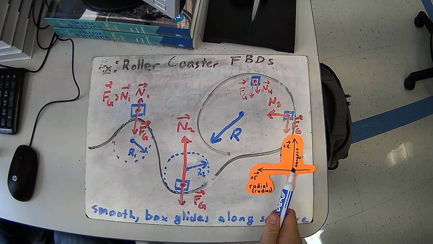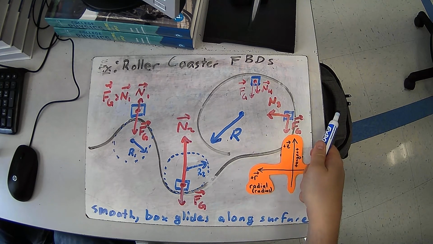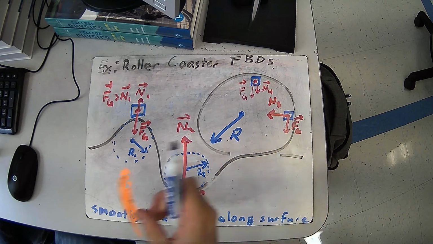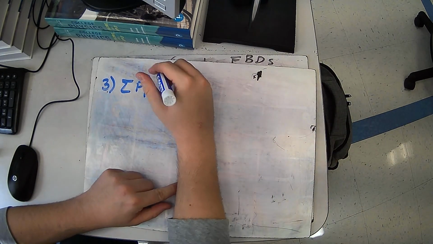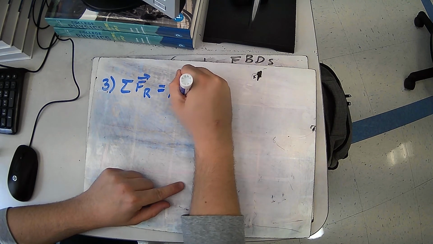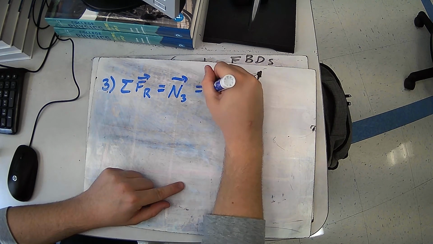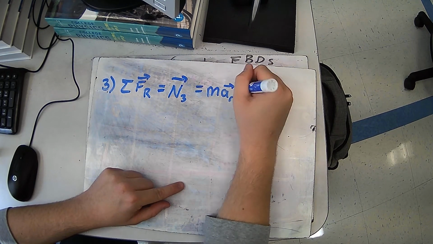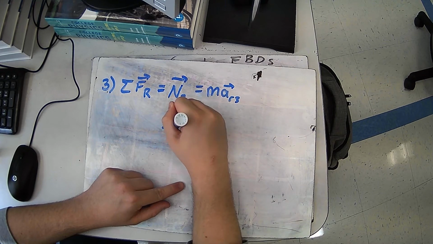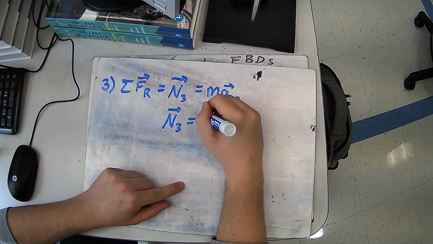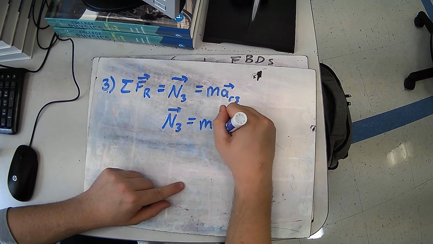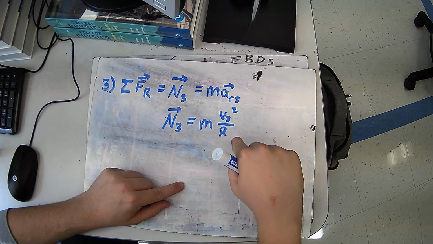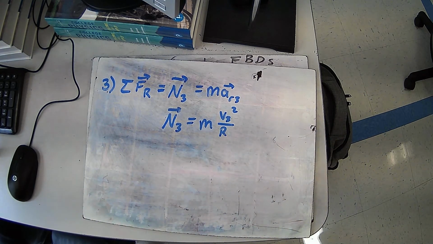So in minus out is going to be normal force in minus nothing that points out. So the sum of the forces in the radial direction is just normal force 3 equal to mass times radial acceleration. Number 3, so normal force 3 is equal to mass times speed 3 squared over the radius of curvature, which we just called r, of the loop.